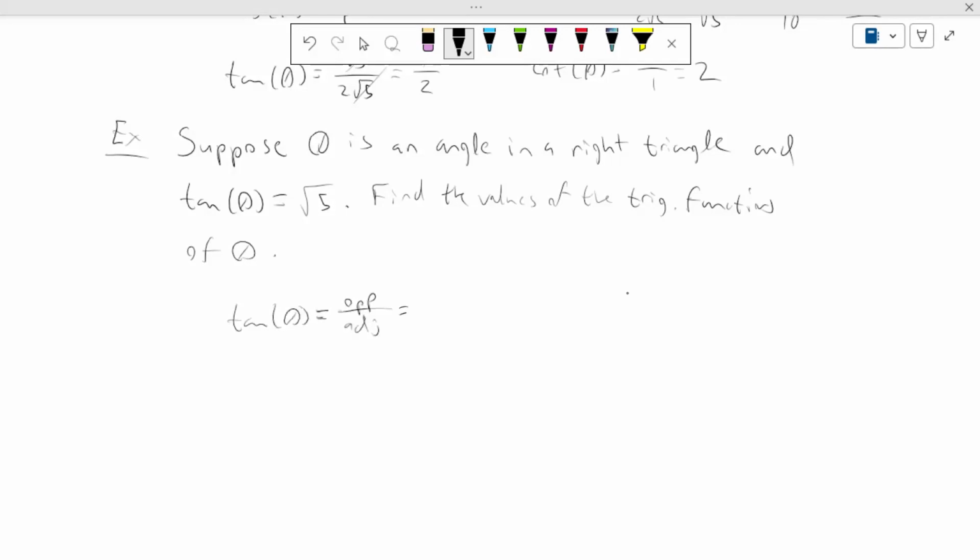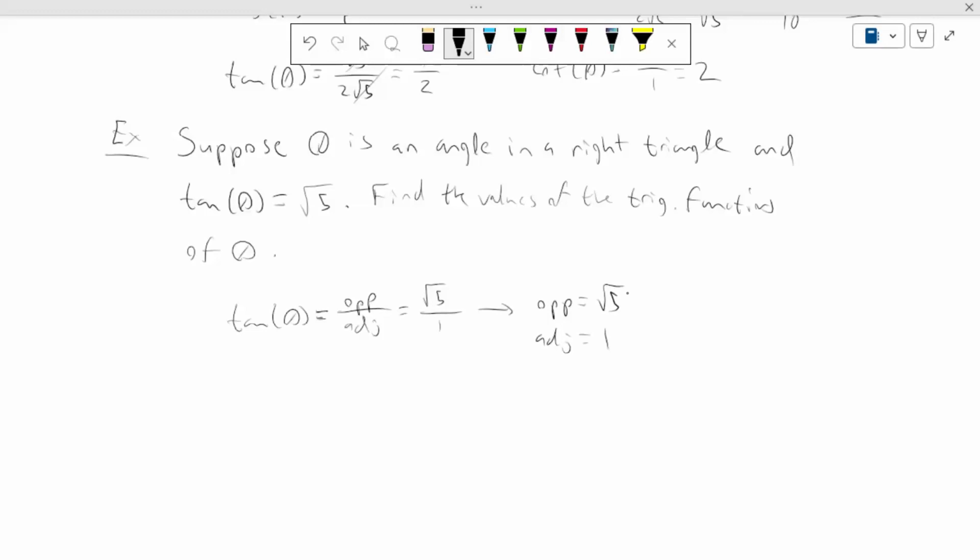So we need that to be equal to square root of 5, which is the same thing as square root of 5 divided by 1, right? You can divide anything by 1 without changing it, right? But now we have a numerator and a denominator, right? So we can set the opposite side to be equal to square root of 5 and the adjacent side to be equal to 1 now, if we write it as a fraction like that, right?